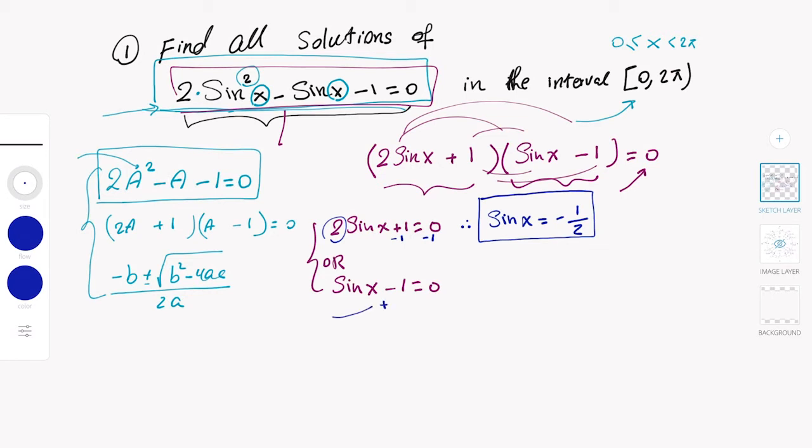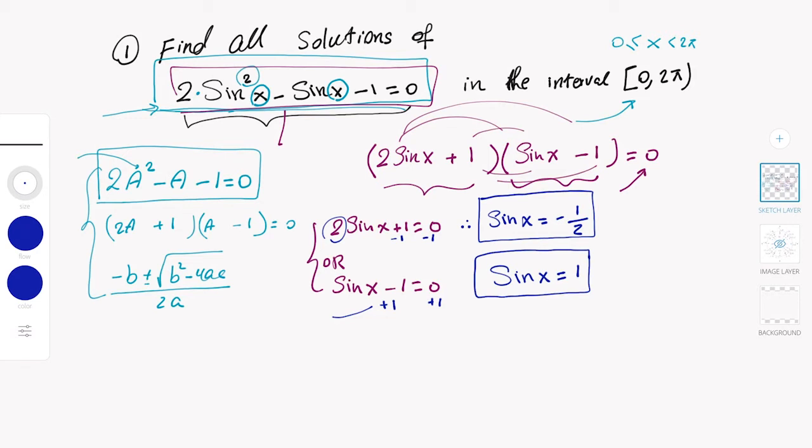And for the second, adding 1 to both sides, we get sine of x equal to 1. So we got two simple trigonometric equations.